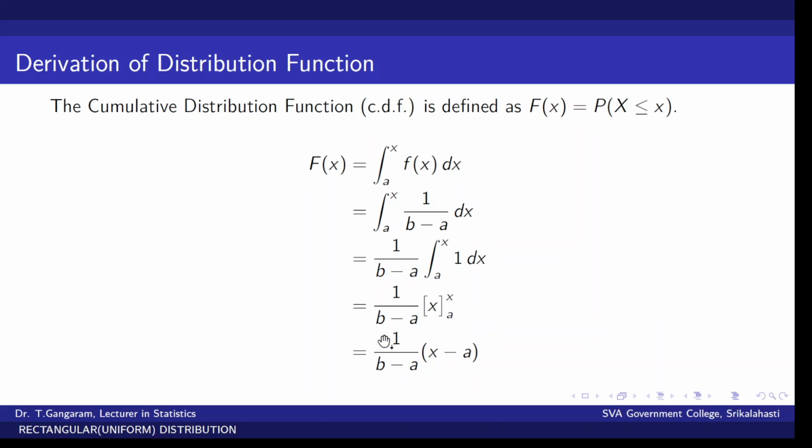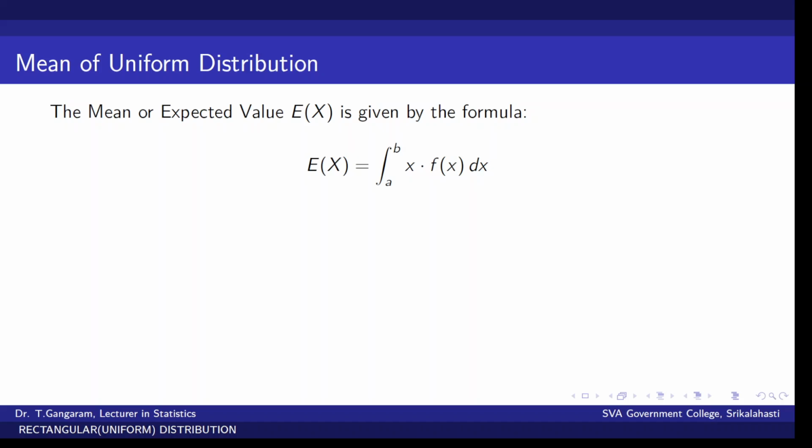So 1 by b minus a, substituting the maximum value x minus the minimum value a. This is nothing but F of x equal to x minus a by b minus a for a less than x less than b. This is known as the distribution function of the uniform distribution.